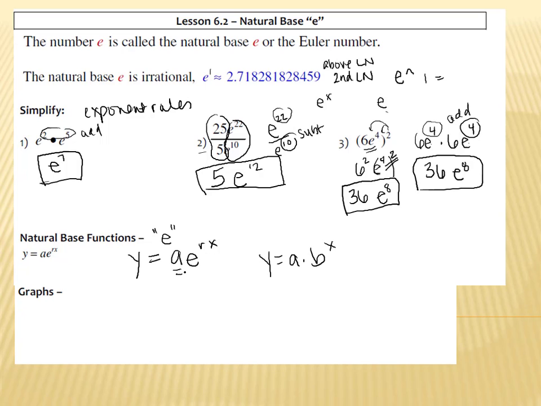So the difference here is right in here. So what you're going to be looking for, again, is what kind of number will this end up being? Is it going to end up being a growth, or is it going to end up being a decay? And you'll find that out once you actually simplify e to the r.